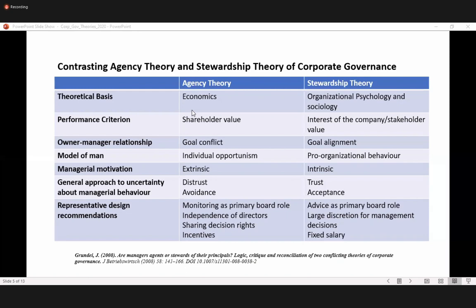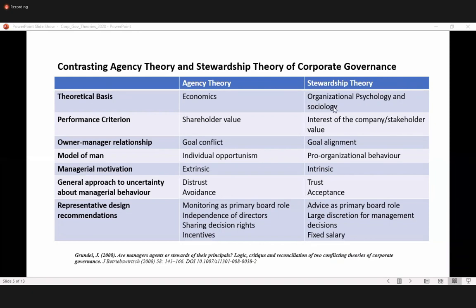On the theoretical basis, the agency theory is linked to stockholder theory or shareholder theory. The basis is very much on economics, whereas stewardship theory is more on psychology and sociology, organizational psychology.